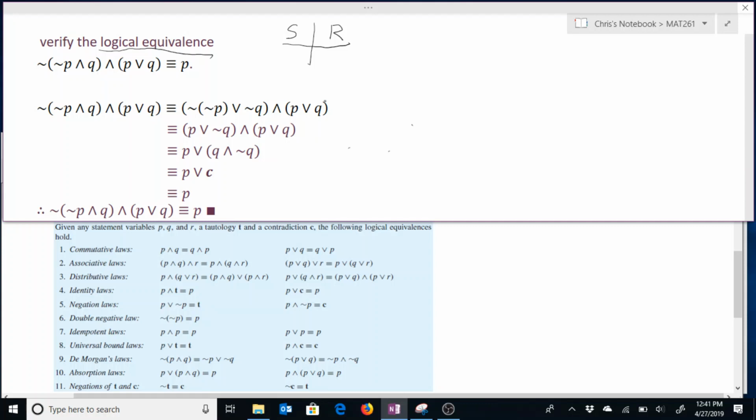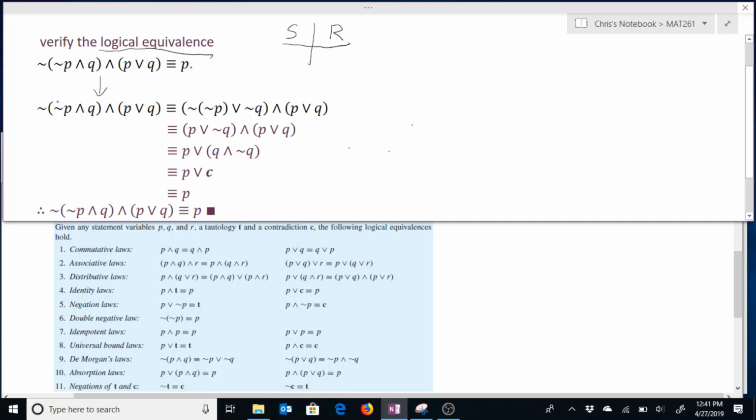So before I actually begin, I did put up all of those different equivalences that we had from Theorem 2.1.1 from our textbook. But for this, we want to verify the logical equivalence of the negation of (not P and Q) and (P or Q) is logically equivalent to P. So we first start off with that same exact logical statement to the left in this equivalence, down over here.